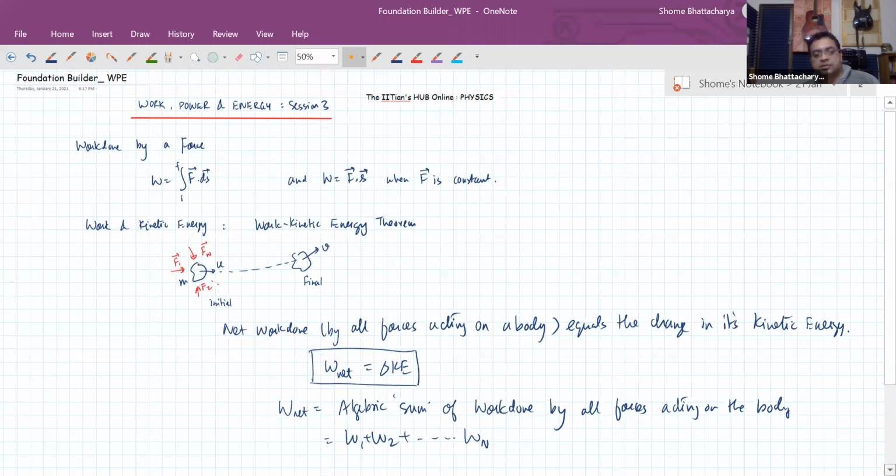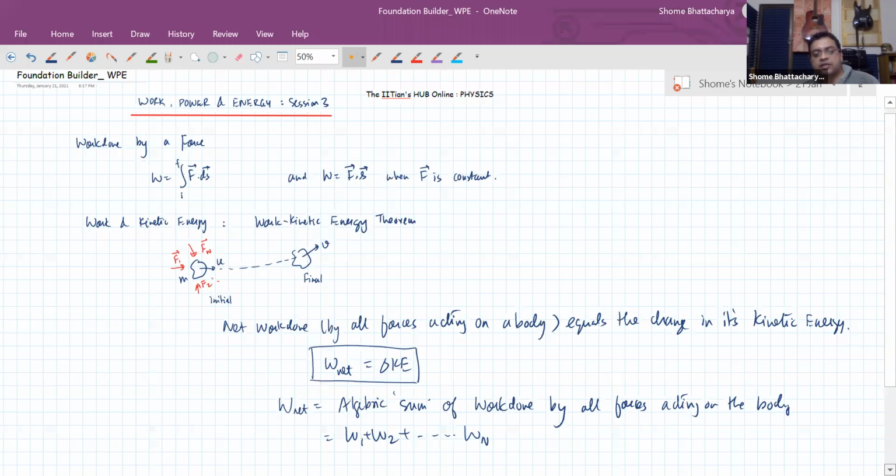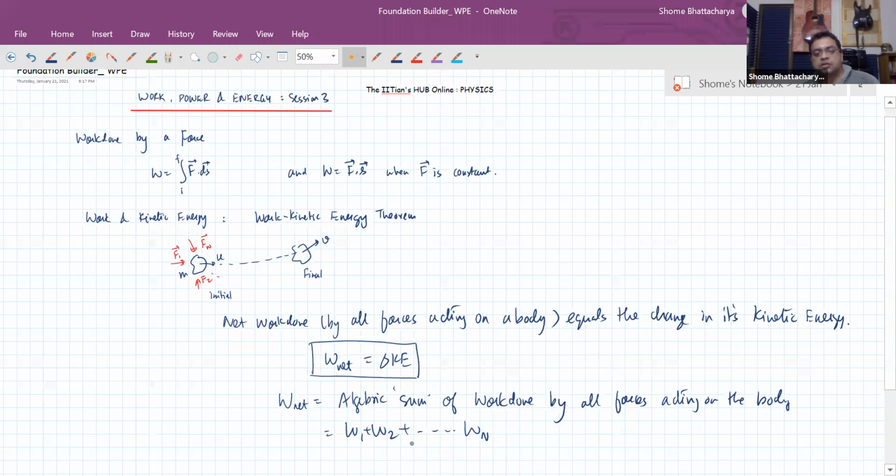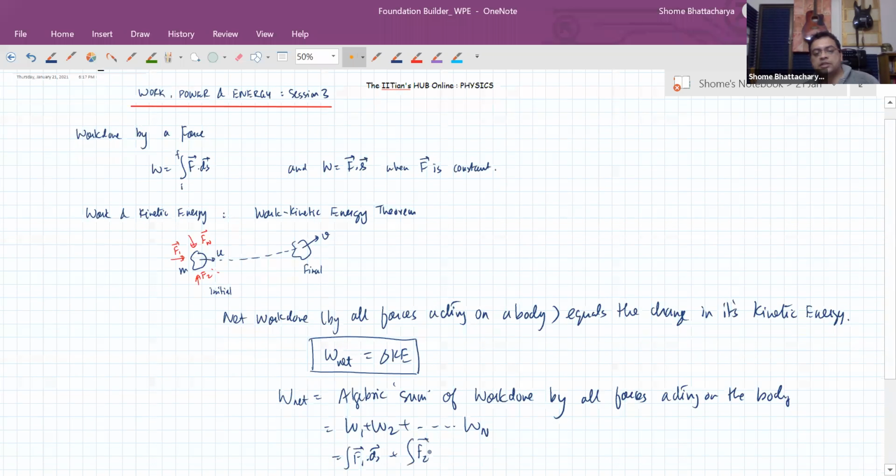Further, when we elaborate, this will become integration of F1 dot ds for the first force plus integration of F2 dot ds for the second force, till we cover all the forces acting on the body. We have to sum algebraically, because remember, work is a scalar quantity which can be positive or negative. Some of the forces might be doing positive work, some might be doing negative work. That is the left hand side of the equation, and the right hand side is the change in kinetic energy. I'll come to that, but just make a note of this first.